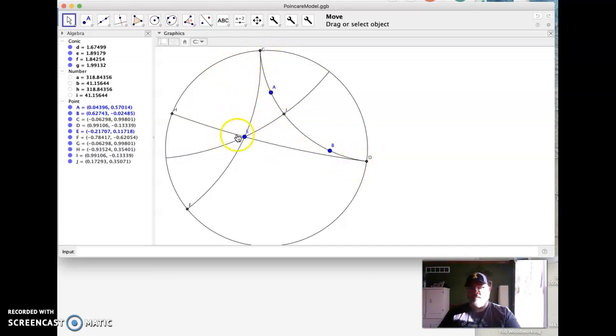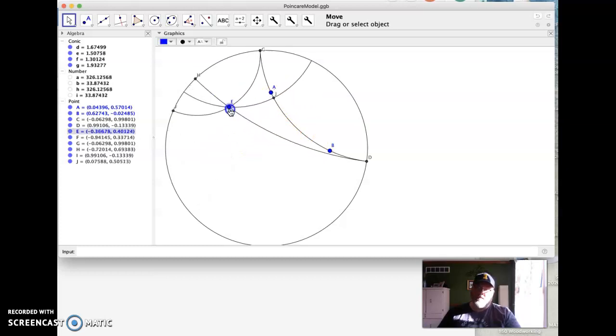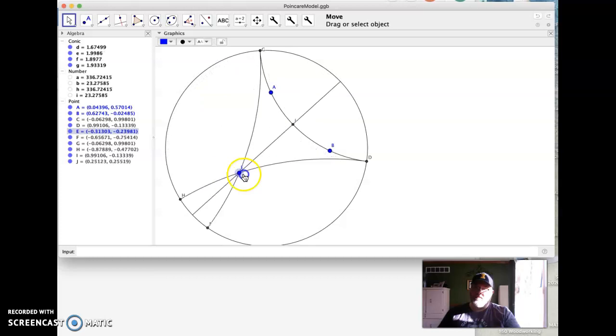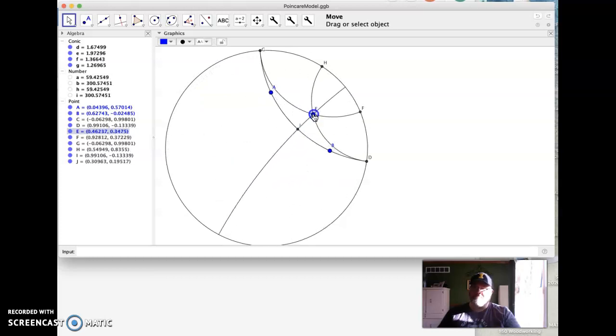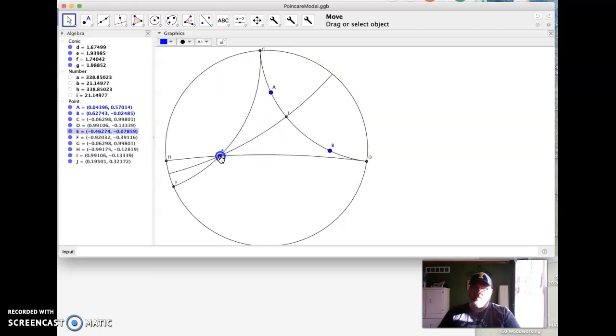So this angle from C E to D, this perpendicular to this line bisects this angle. And no matter where I go, no matter what I do, I can't get them to be anything but equal. What? I don't know if that even makes any sense.